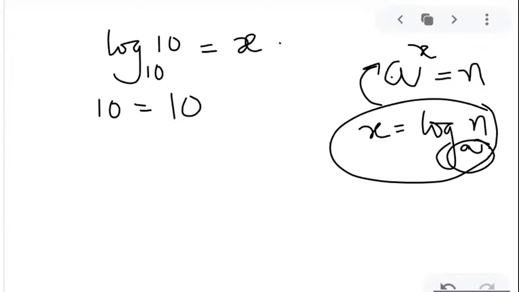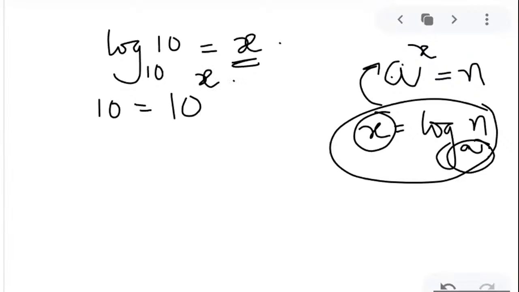10 power, what is my number here? x is equal to x.